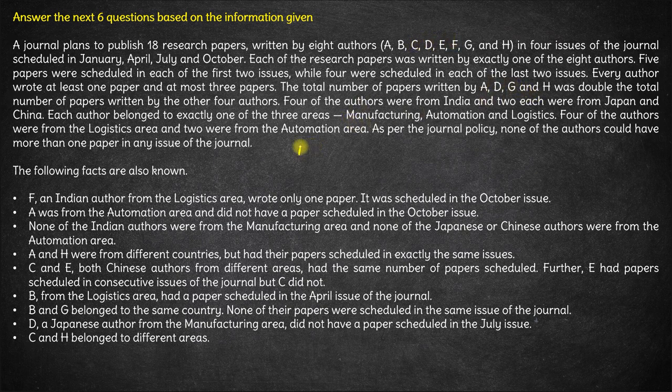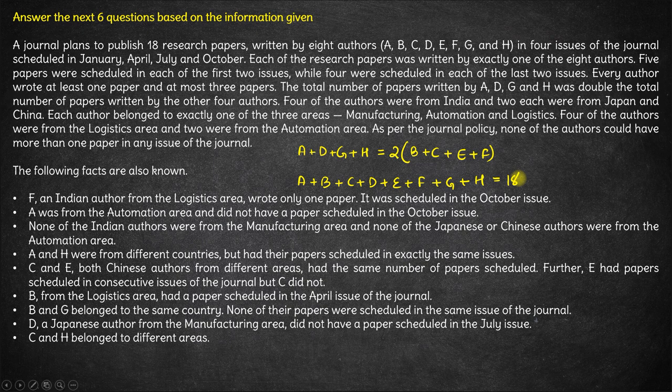So it is given that A plus D plus G plus H is equal to twice the number of papers written by the others, which is B plus C plus E plus F. And also we know the total number of papers, A plus B plus C plus D plus E plus F plus G plus H, altogether should be equal to 18.